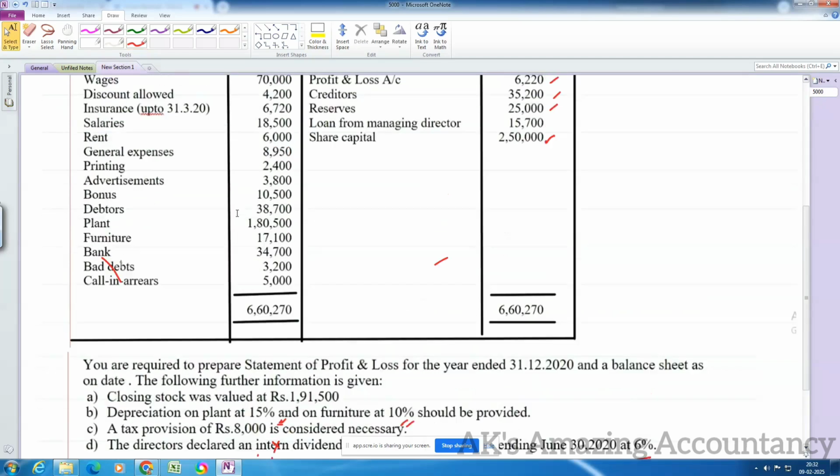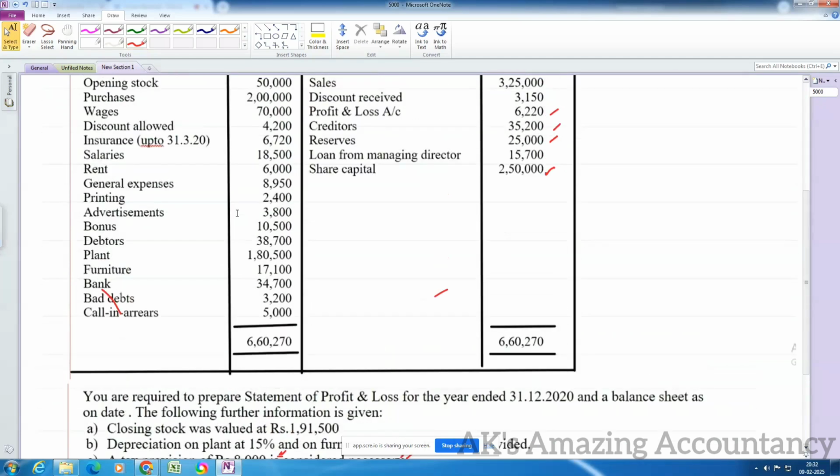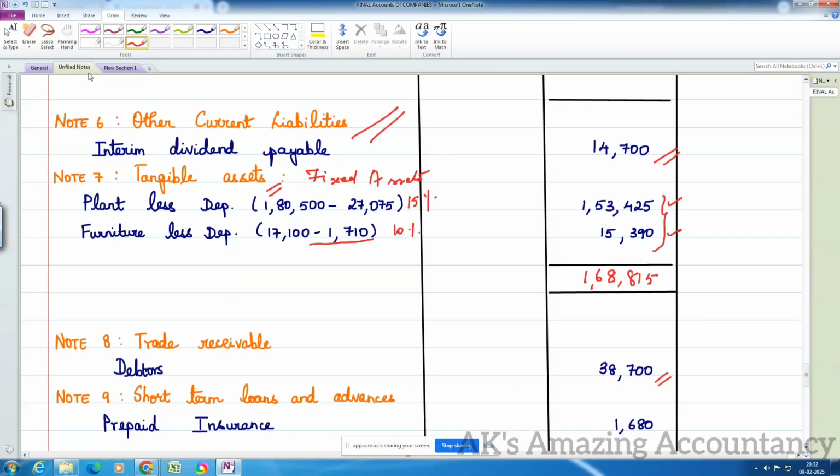So in the problem, it is given insurance was up to 31-3-21. Okay, so 3 months insurance. There is insurance for January, February, and March. These 3 months insurance is prepaid. Okay, so this prepaid insurance will have to be treated now in the balance sheet.